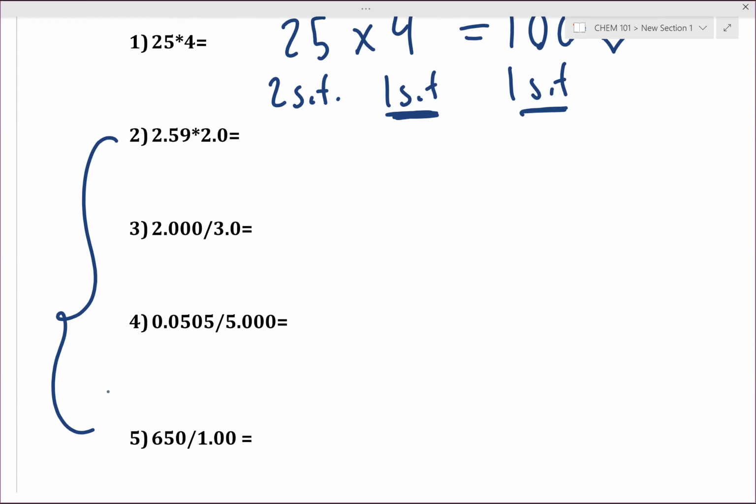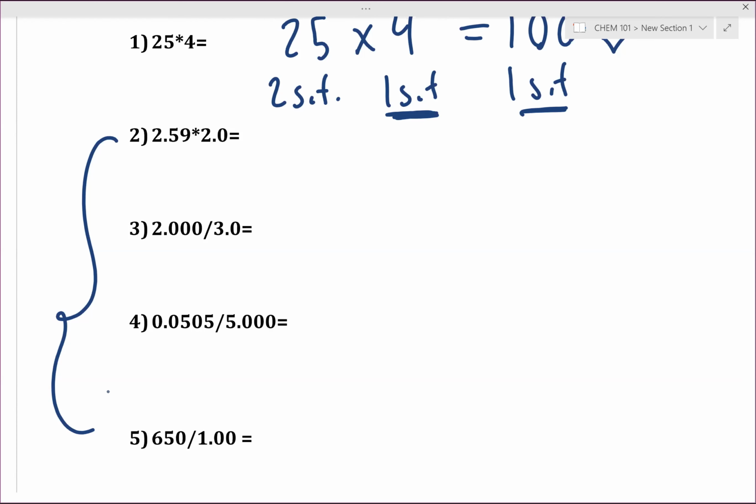Yes, exactly. Yep. So then, only sig figs is your answer. That's the smallest of those two. Yes, exactly. Any questions? Looks good so far. Yes. I get one and one. Yes, exactly right.